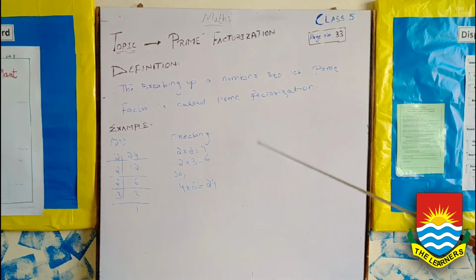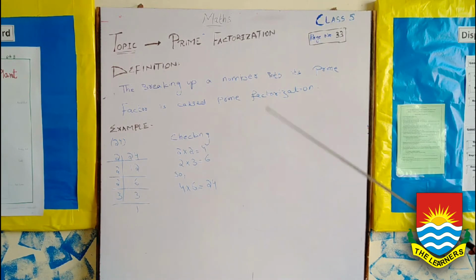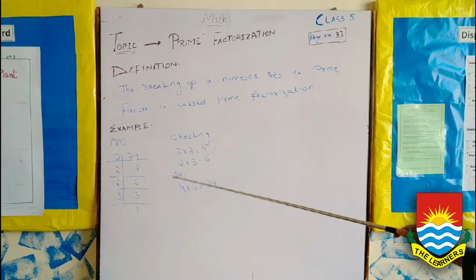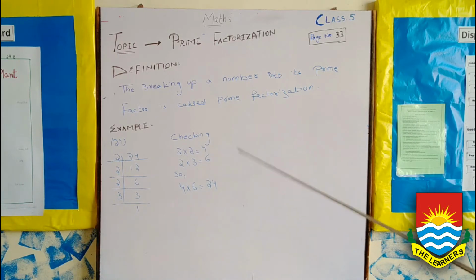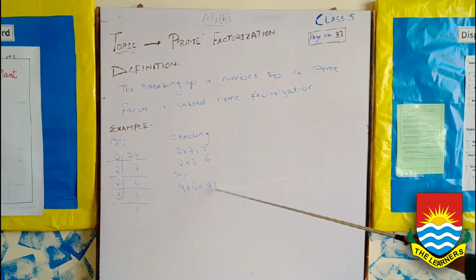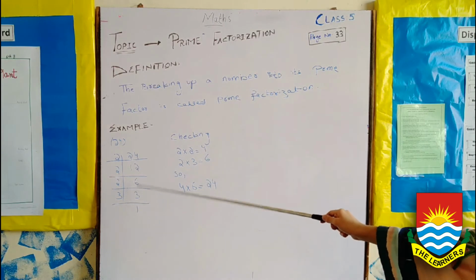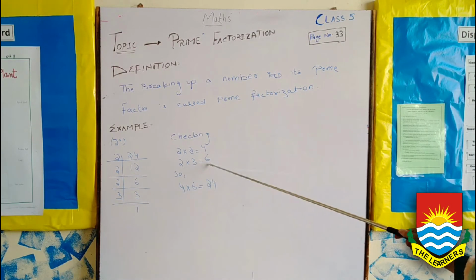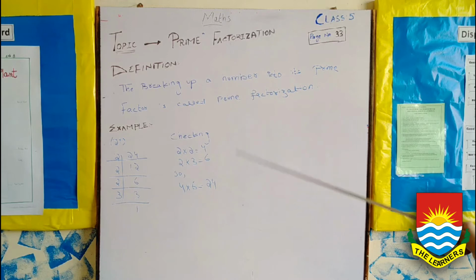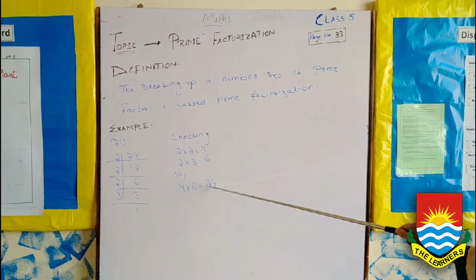But 2 and 3 are the prime factors of 24. As we know that 2 and 3 are prime numbers.